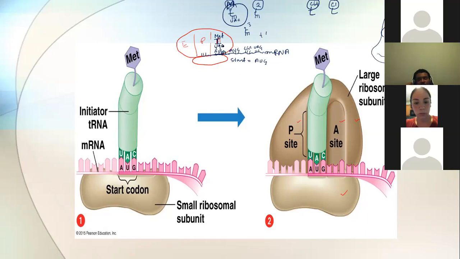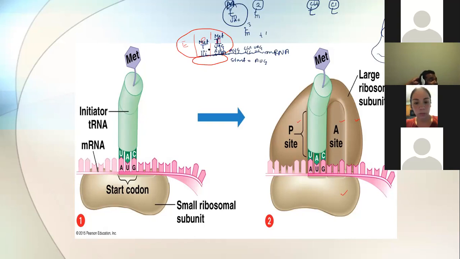Now these two are complementary to each other. Once these two are attached together, codon and anticodon, then the messenger RNA will move on to the P site. So now that tRNA with that methionine comes over here.